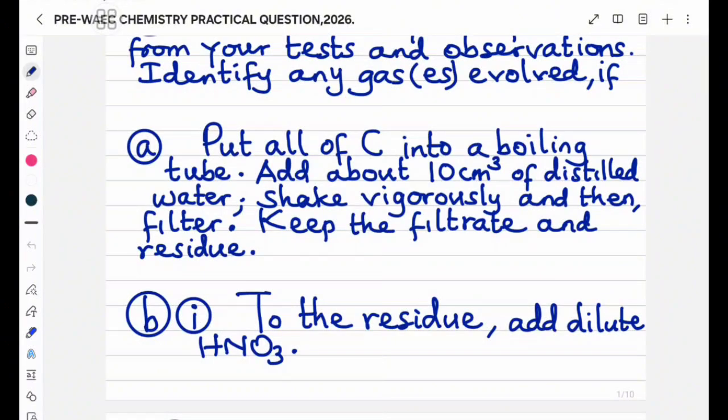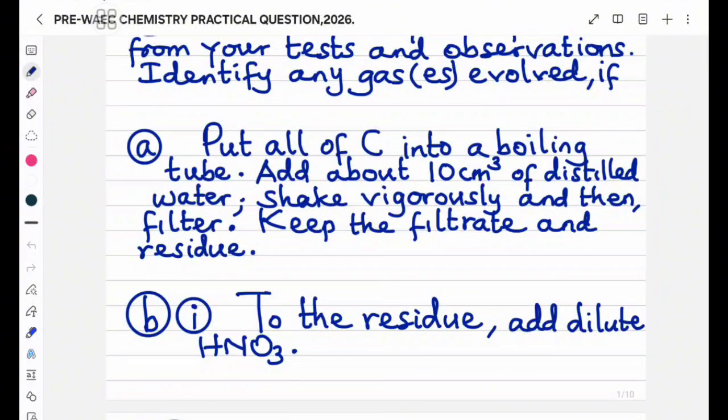We are to put all of the C into a boiling tube and add about 10 cm³ of distilled water. Then shake vigorously and then filter. Keep the filtrate and residue. Now this test A is a solubility test to test if the sample is soluble or insoluble in water.